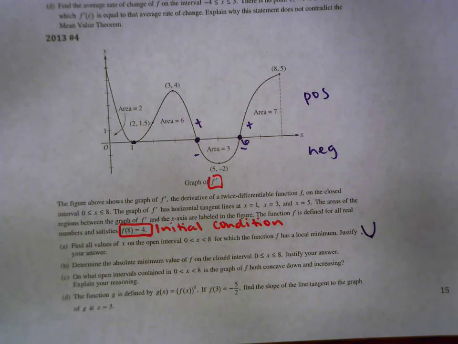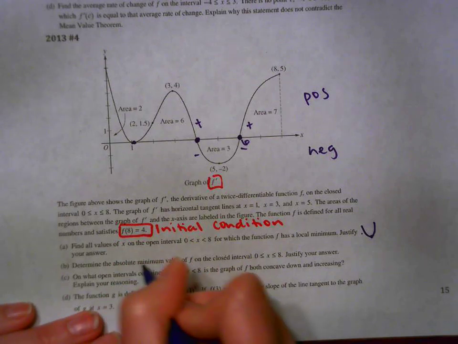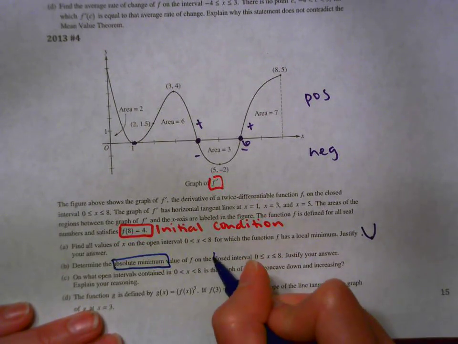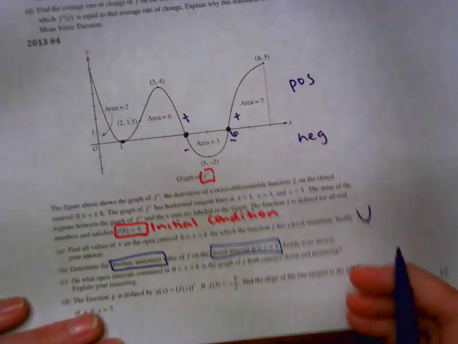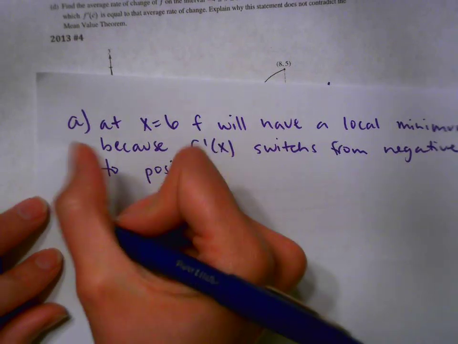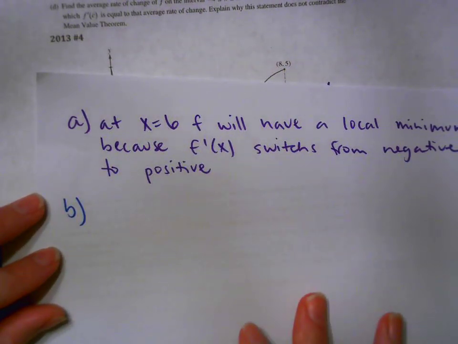Part B says determine the absolute minimum on an interval. So this looks like another one that might take a while, but maybe it'll go faster than the last one. We're looking for an absolute minimum on a closed interval, 0 to 8. So how do we start off those types of problems? First you need your critical values.